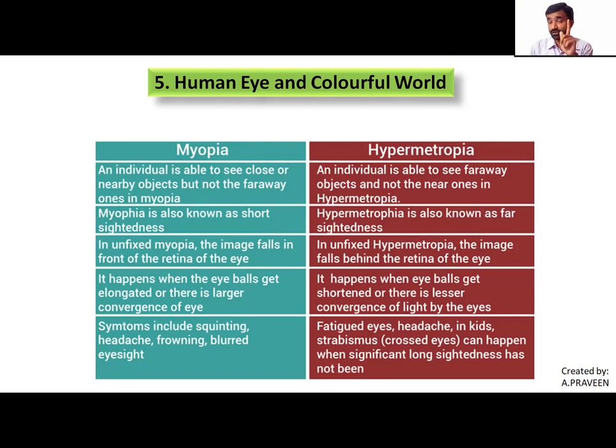Third point, the person is able to see up to a maximum distance in front of him. We call that the far point. The defect is corrected by using a concave lens. Like this, I can add points.